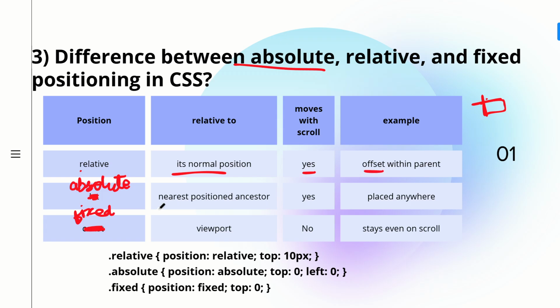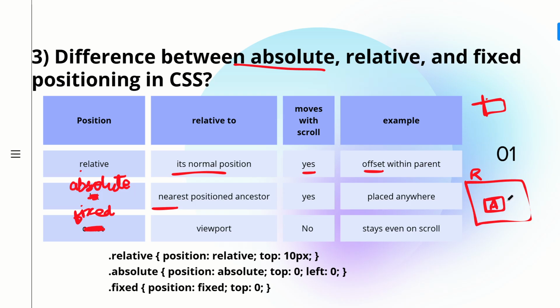Then we have absolute. Absolute is relative to the nearest positioned ancestor. If there is no positioned ancestor, then it is relative to the viewport. So for example, we have one box here for which we are giving absolute, and we have one more bigger container box, which is relative or absolute or any positioned ancestor. So this is relative and this is our absolute positioned box.